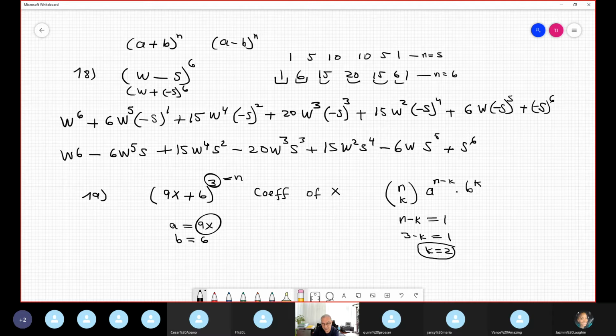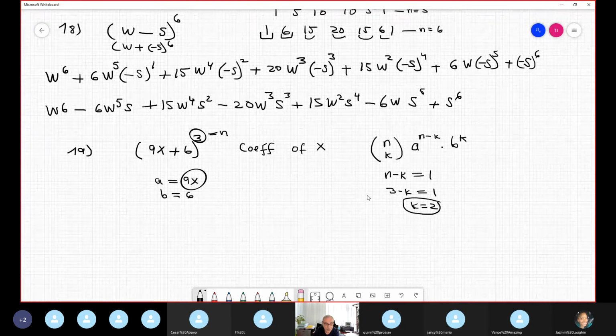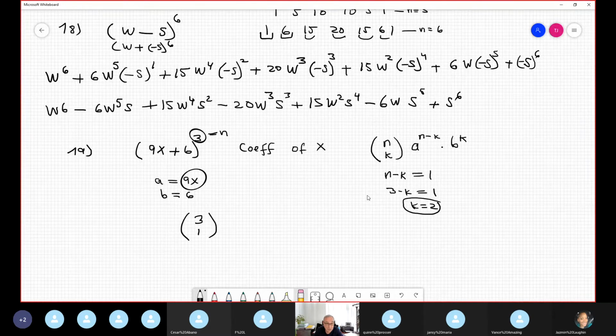Now the k indicates not exactly the position, it is the position minus 1. Okay, now I discover, wow, so I go to my Newton formula. The Newton formula says that the coefficient is combinatory number 3, 1, because n is 3, but the position is 2, sorry, k is 2.